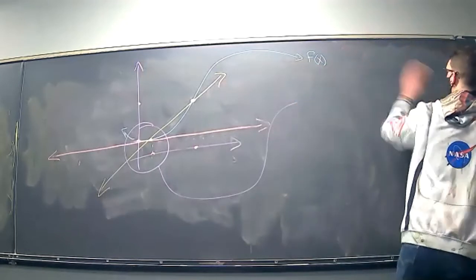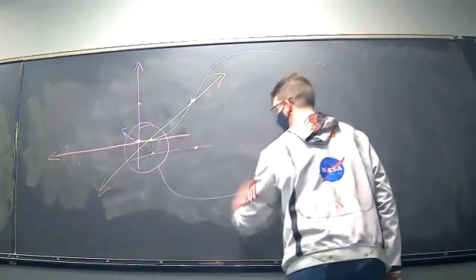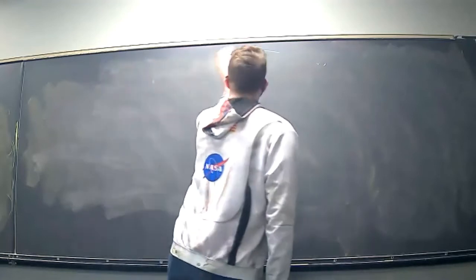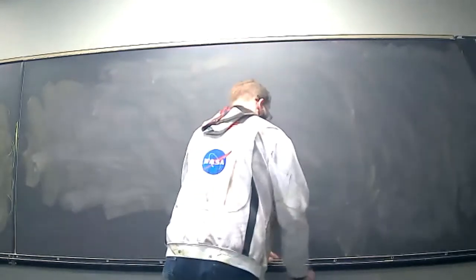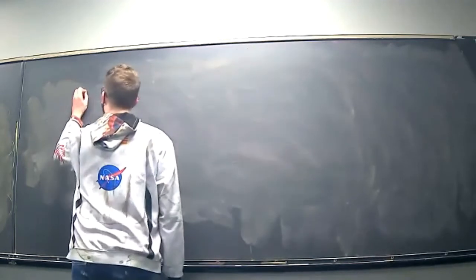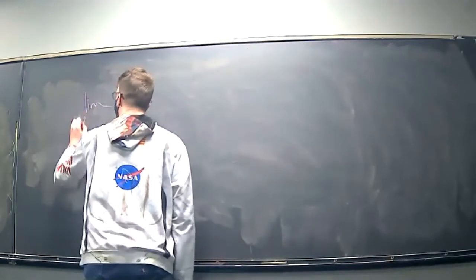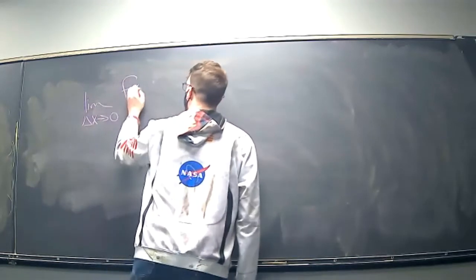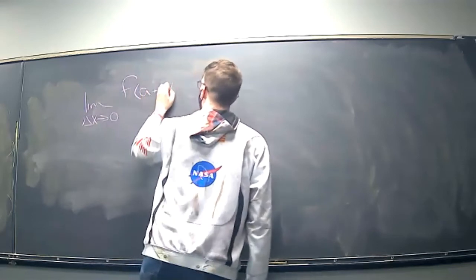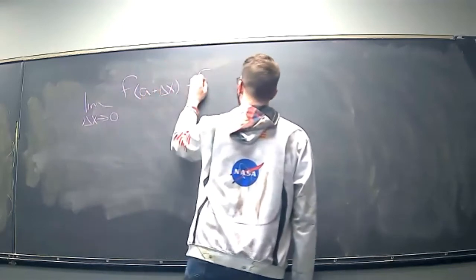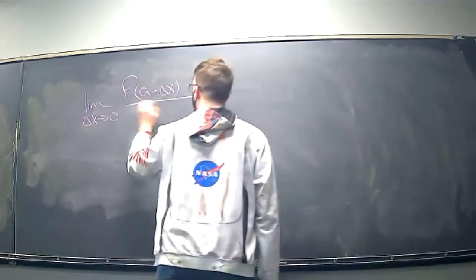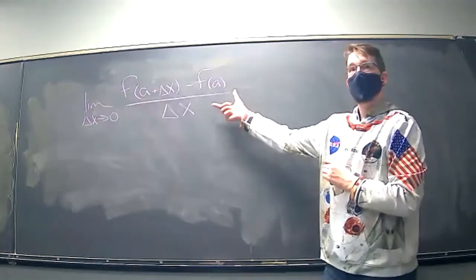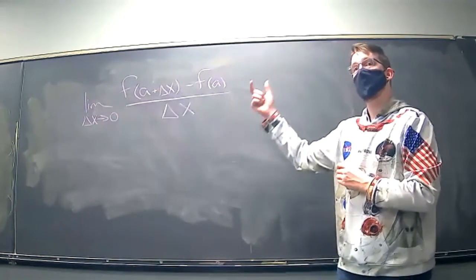The derivative of a function at a point. This crazy looking thing is called the derivative of a function at a point.